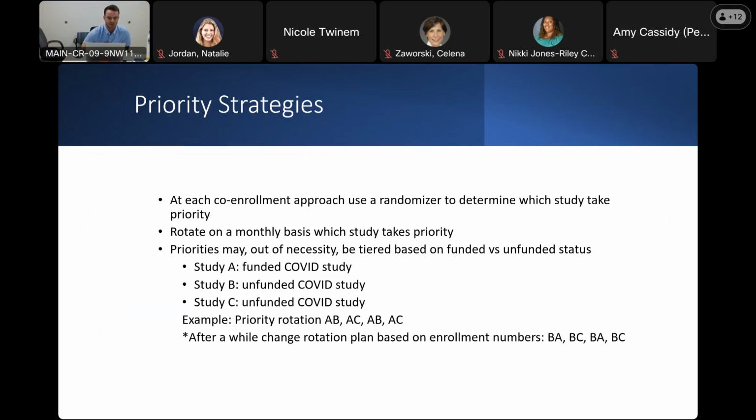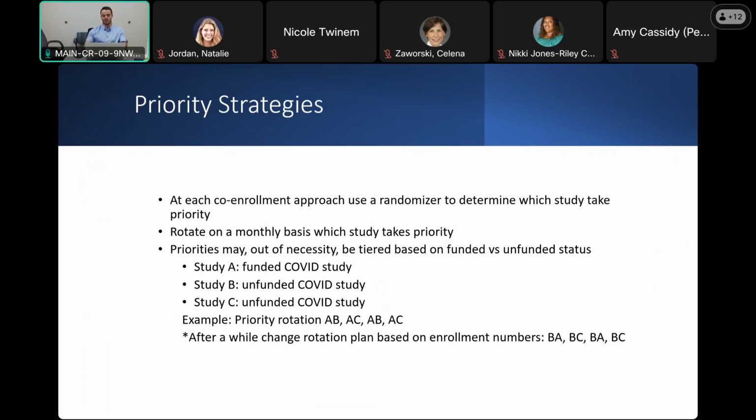Priority strategies. At each co-enrollment approach, use a randomizer. This could be something as simple as something you find on Google, like a coin flip, where you're able to randomize which study you approach for. You can rotate on a monthly basis.